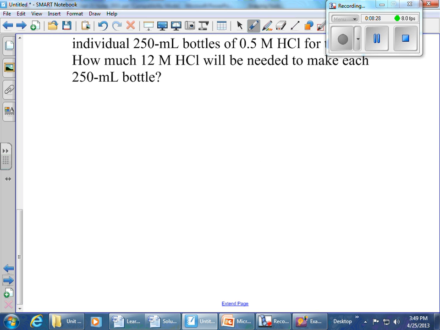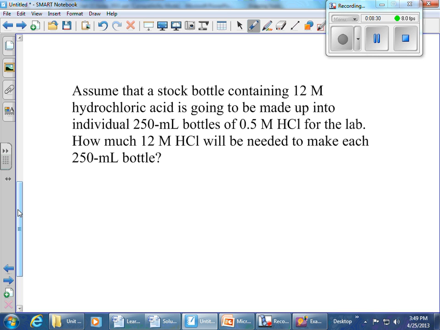So this last one: assume that a stock bottle contains 12 molar hydrochloric acid that is going to be made up into individual 250 milliliter bottles of 0.5 molar HCl for the lab. How much of this? So I'm going to put my M1. I'm always going to make my M1 the larger amount, so 12 molar.